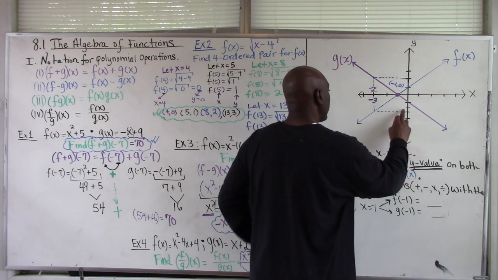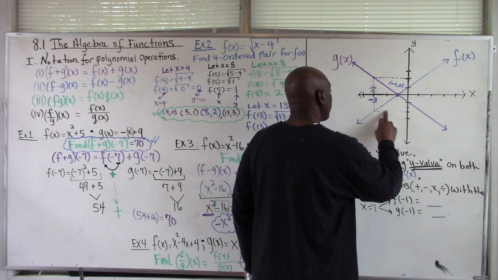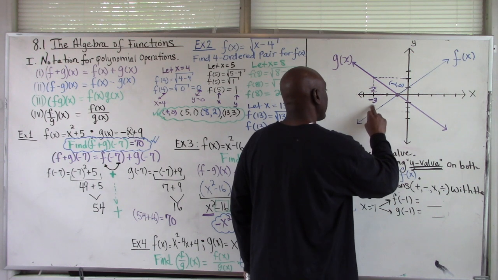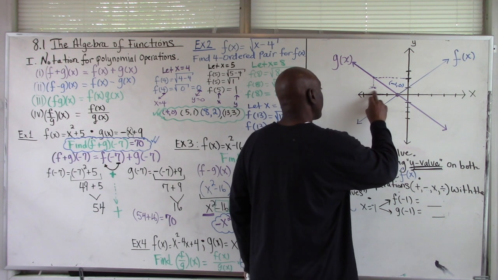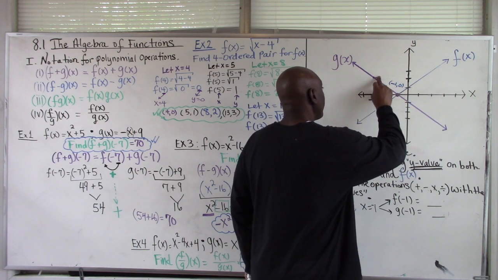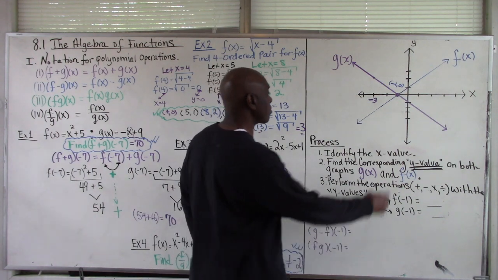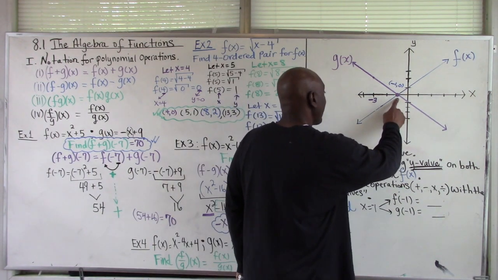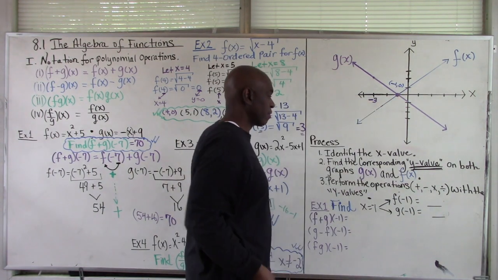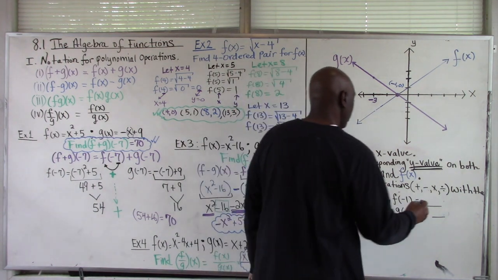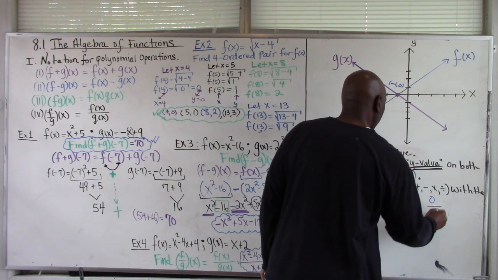Oh, and by the way, let me get rid of these lines. I don't need them no more. We've done negative 3 already. Get rid of that, get rid of this. Alright. When x is negative 1, the y value is 0 for both graphs. So it's going to be 0, 0.